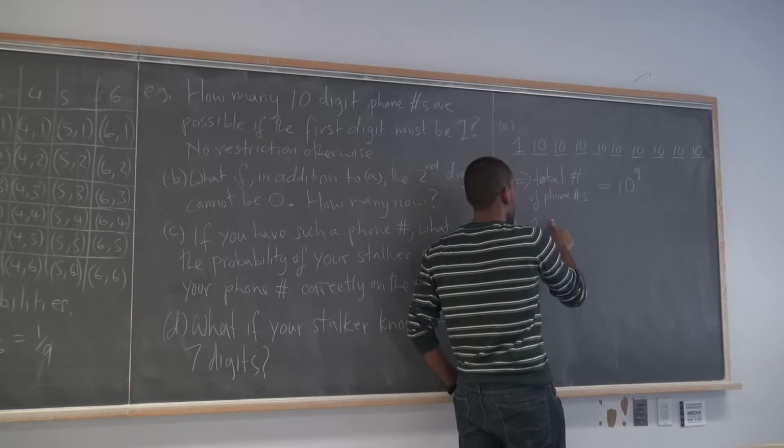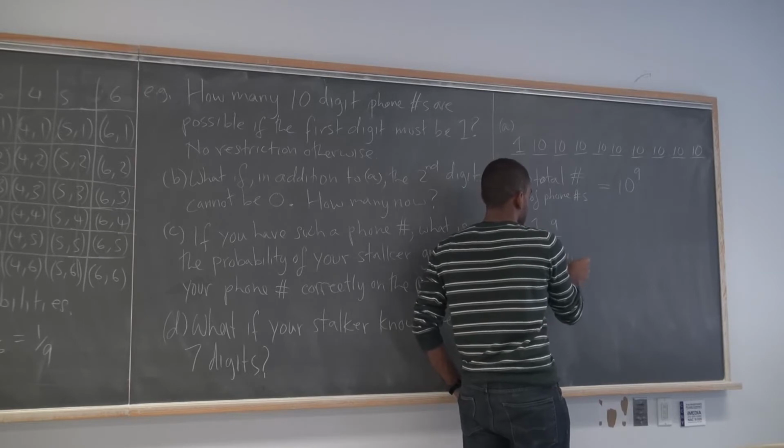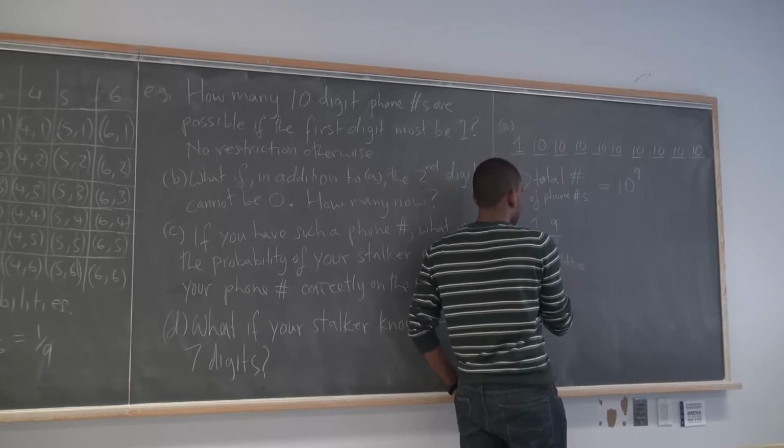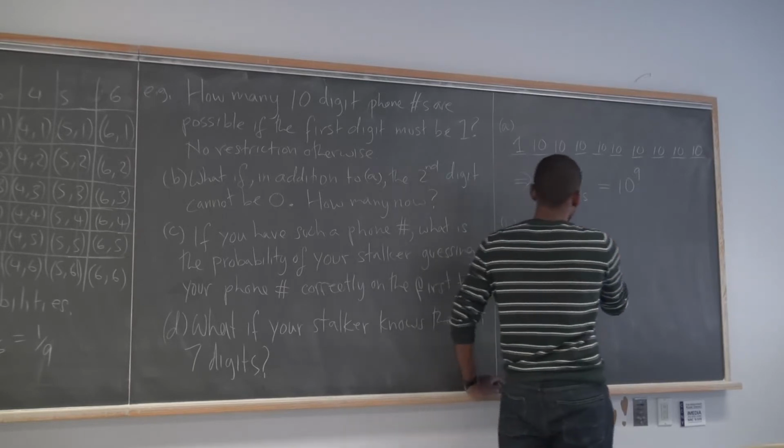For the second digit, you have 9 possibilities, since you can't choose 0. So you only have 9 other digits to choose from. And then everything else remains the same.